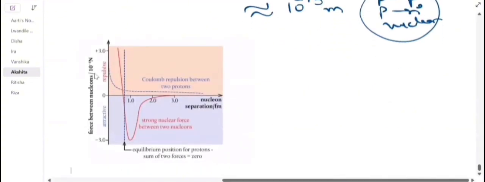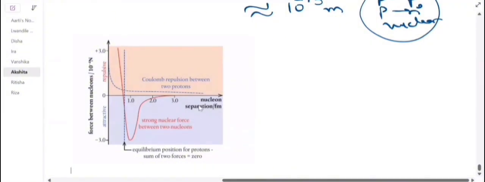That is the force between the nucleons, in units of 10^-4 newton. Attractive and repulsive forces are shown. Coulomb repulsion between two protons is here. The equilibrium position, where the sum of the two forces is always 0, is shown with a blue dotted straight line.